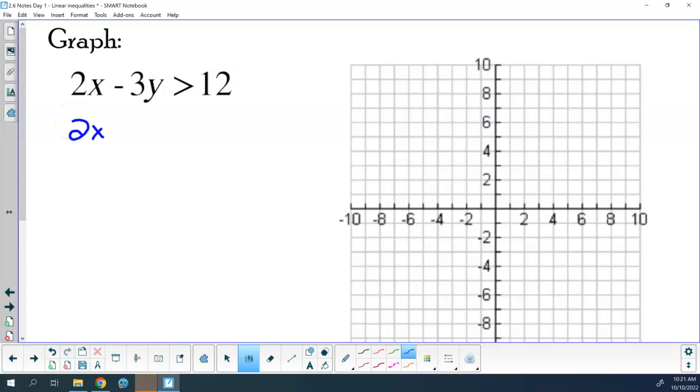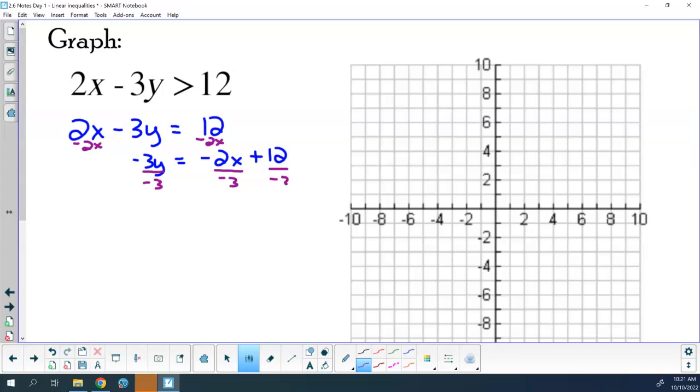So I'm going to think of this as 2x minus 3y equals 12. So negative 3y is going to equal negative 2x plus 12 when I subtract 2x from both sides. Then I've got to divide every term by negative 3. So then that's going to give me y equals positive 2/3 x minus 4.